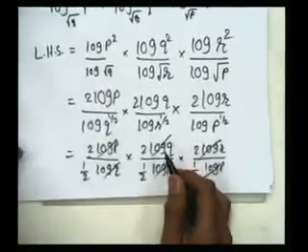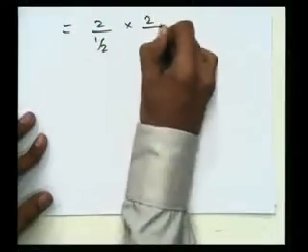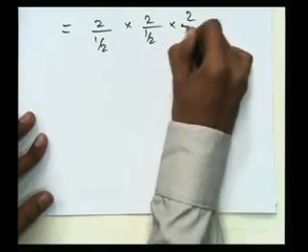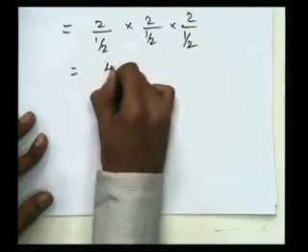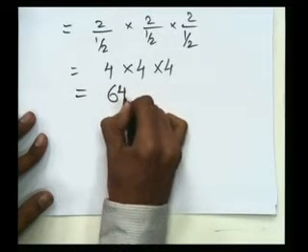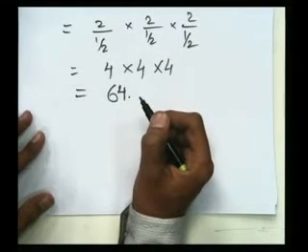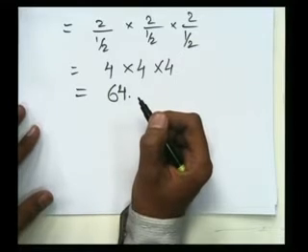We will get 2 over 1 by 2 into 2 over 1 by 2 into 2 over 1 by 2, that is 4 into 4 into 4. So answer is 64. That is our RHS. We will discuss the same example on presentation.